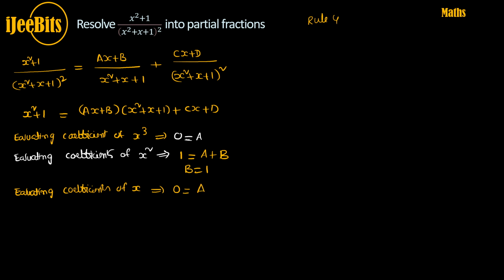Now what about b into x? So this is b, plus, look at this one, this is c. Now a equal to 0 and b is equal to 1, then 0 equal to 0 plus 1 plus c, so c equal to how much? Minus 1. Correct? Now c equal to minus 1.